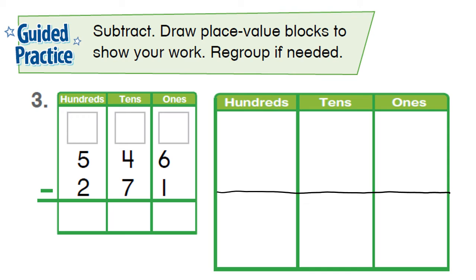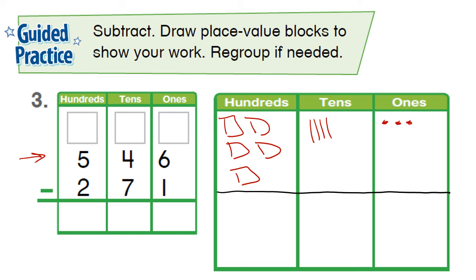We are going to create the minuend, or the larger number. So we have 5 flats for 500, 4 rods for 40, and 6 units for 6. So at the top, we have 546.